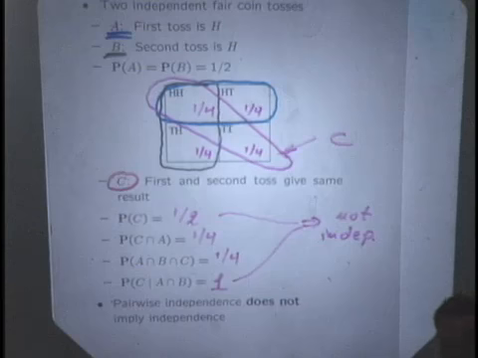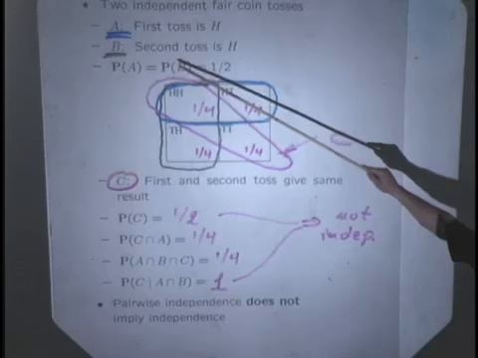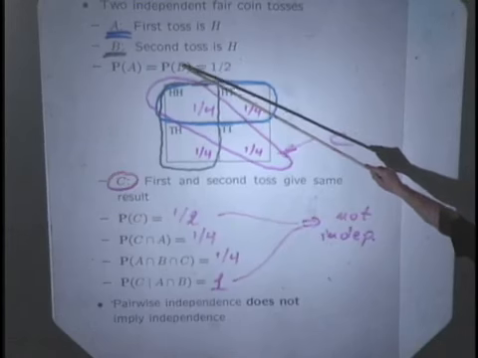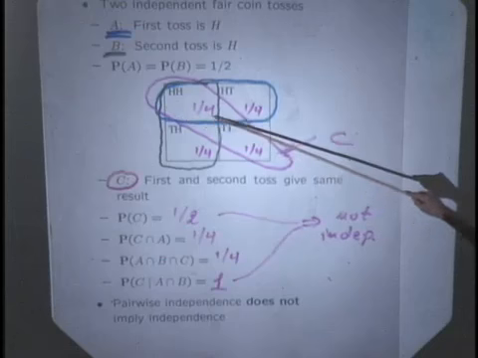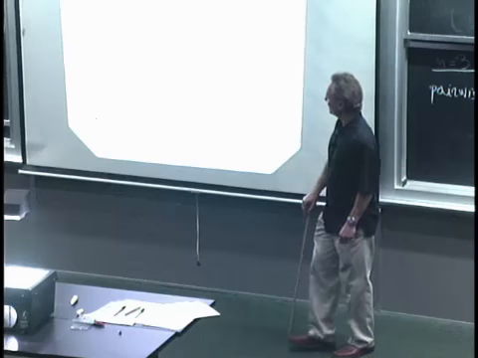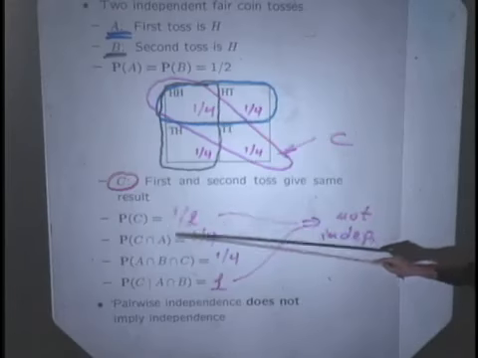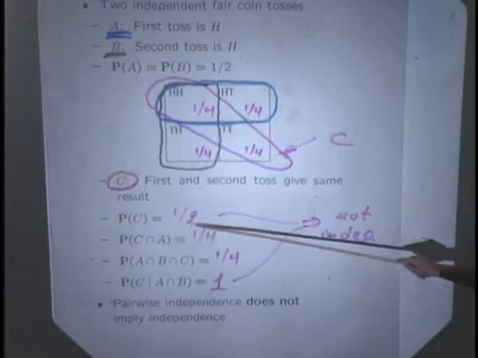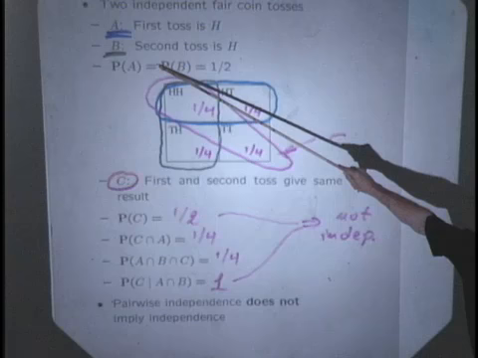But are they pairwise independent? Is A independent from B? Yes, because probability of A times probability of B is 1/4, which is probability of A intersection B. Is C independent from A? Well, probability of C and A is 1/4. The probability of C is 1/2. The probability of A is 1/2.